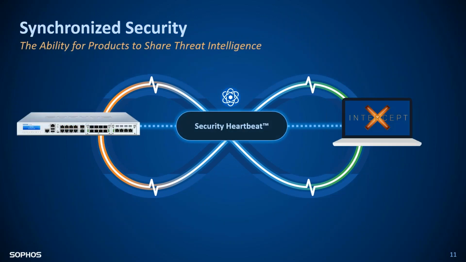Perhaps the ultimate or the best example of creating that synchronized security heartbeat and attacking the most advanced threats that are out there on the market today is going to be the combination of our XG firewall and our endpoint, our INTERCEPT X or INTERCEPT X Advanced. On their own, the firewall is best of breed. On its own, the INTERCEPT X is going to be best of breed, protecting your laptops, workstations, and servers.